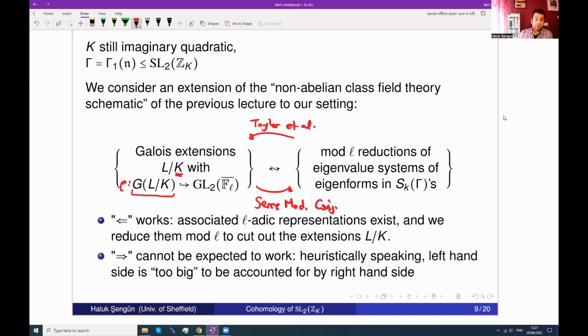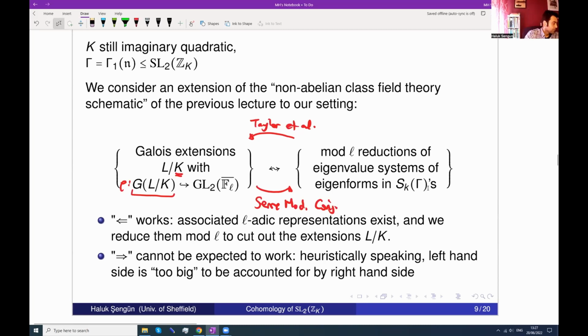There are some heuristics in the style of Bhargava carried out by Ash, Bergeron and Venkatesh that give you some kind of feeling of the left-hand side and the right-hand side. And we already saw the right-hand side is actually small. Bianchi modular forms, there's a paucity. They're not as many as you see for classical modular forms. Whereas the left-hand side is actually quite big.